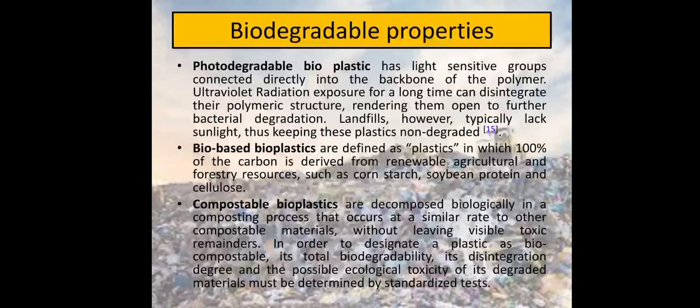Then the next one is the biodegradable properties. On the basis of biodegradable properties, there is again a categorization of plastics, starting with the photodegradable bioplastics. These photodegradable bioplastics have light-sensitive groups connected directly to the backbone of the polymer, meaning the monomer units which join with each other to form these plastics.